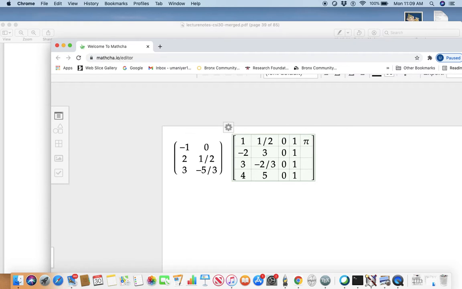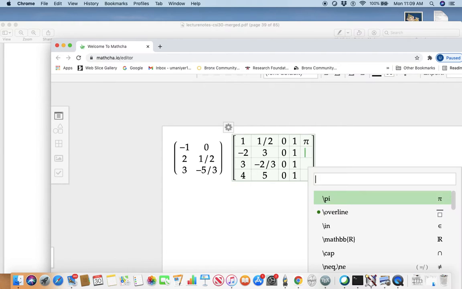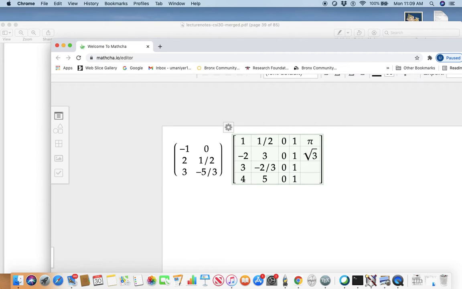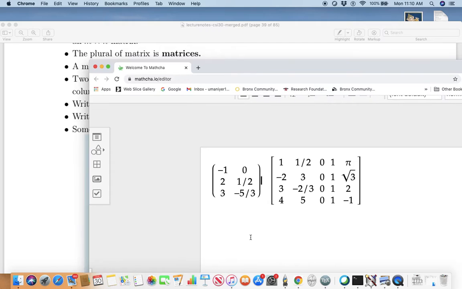Sorry, square root 3. So I'm allowed all sorts of numbers. So this is a 4 by 5 matrix. This is a 3 by 2 matrix. All right, so a matrix is simply an arrangement of numbers in a rectangular form.